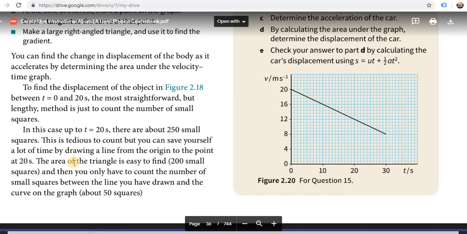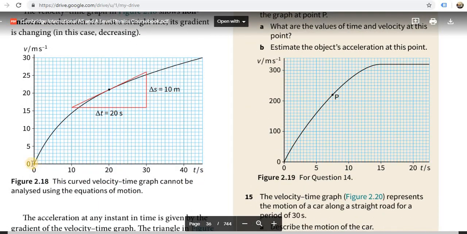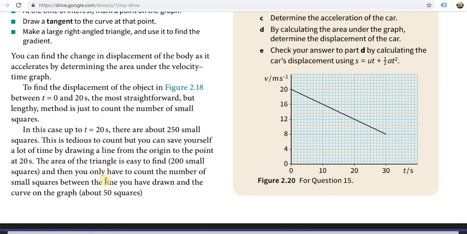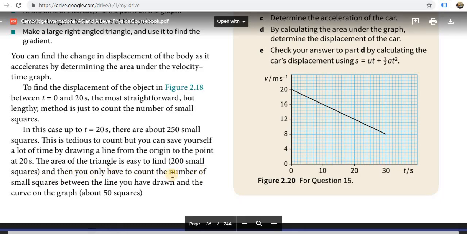Over here they are explaining another method, the area of the triangle. Counting is tedious, but you can save yourself a lot of time by drawing a line from the origin to the point at 20 seconds, if you want to find the displacement in the first 20 seconds. But what I mentioned is the best way. The area of the triangle is easy to find, 200 small squares, and then you have to count the number of small squares between the line you have drawn and the curve on the graph, about 50 squares.